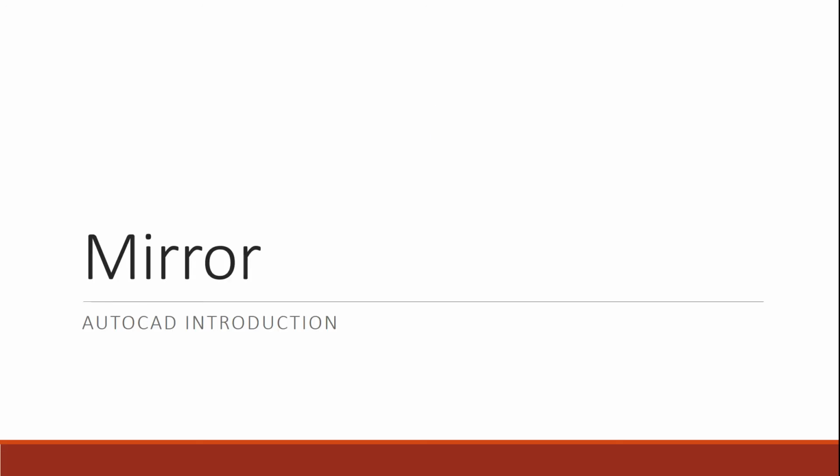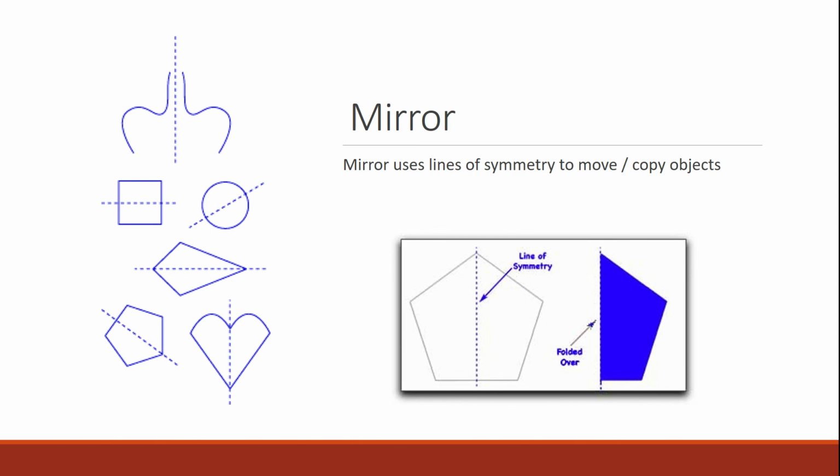The mirror command, one of the more important things to understand in this one is the line of symmetry. So if you want to create something and then make a mirror copy of it, you have to understand where the line of symmetry is. For example, in this case, if you want to draw half of this, I know that the line of symmetry is in the middle. So when I mirror this across, it will create the other half of this for me.